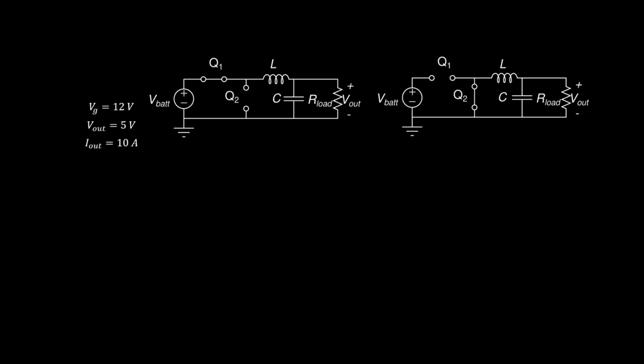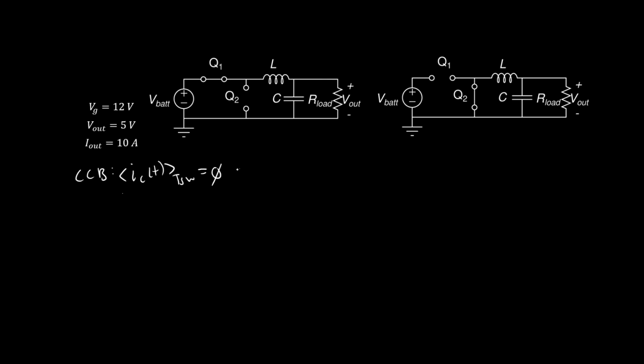So the next step after applying IVSB is to apply CCB, capacitor charge balance. What capacitor charge balance says is that the average capacitor current over one switching cycle is equal to 0. We can write this out explicitly.